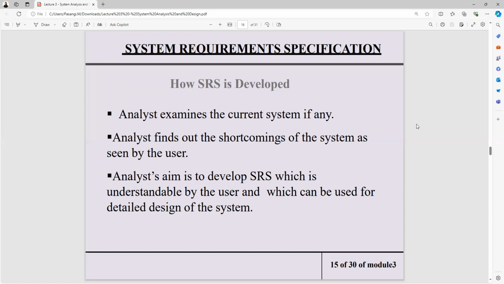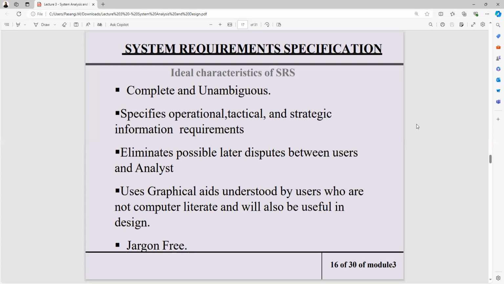Now, what are the ideal characteristics of this SRS document? This SRS document should be complete, and also unambiguous. Not only that, it should specify all three types of information requirements: operational, tactical, and strategic.